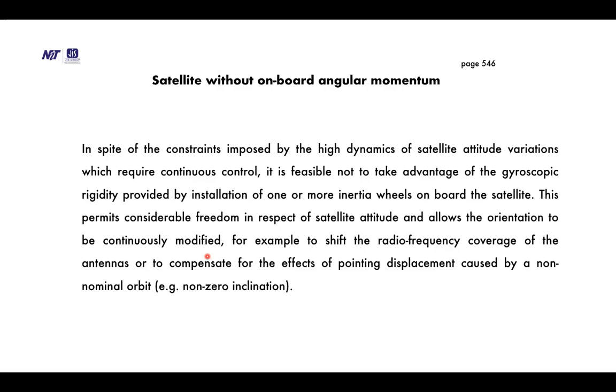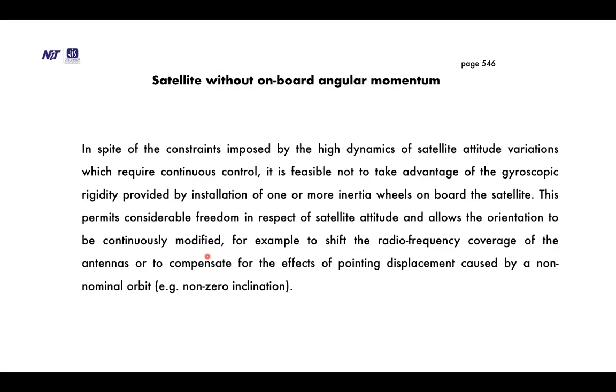A configuration with 2 wheels in a V configuration about the satellite pitch axis in the pitch yaw plane and one orthogonal to the pitch axis for redundancy provides an additional degree of freedom. Indeed, the satellite could be rotated at virtually no cost about the roll axis by exchanging angular momentum between the 2 V-mounted wheels.